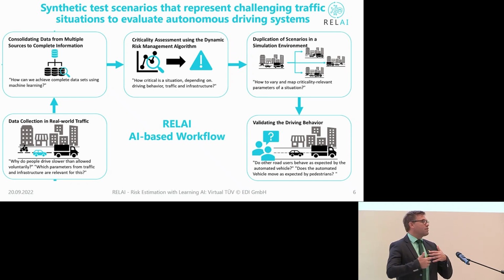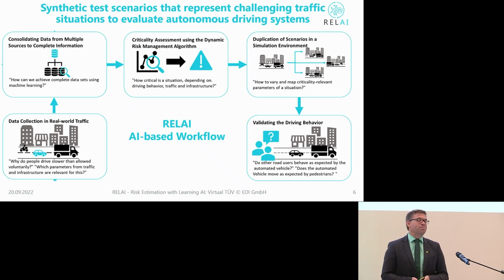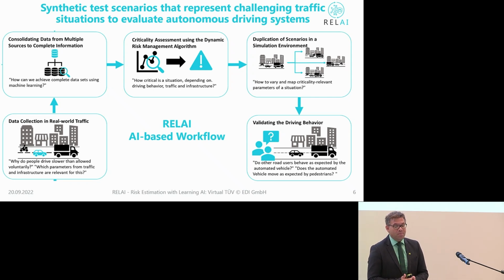The good thing is that in many cases nothing happens. That is good in reality, but for the test driver, and for validating and improving the systems, it's not the best case, because you have to drive a lot of kilometers to understand if your system works. We automatically cut out these critical situations and bring them into a database.